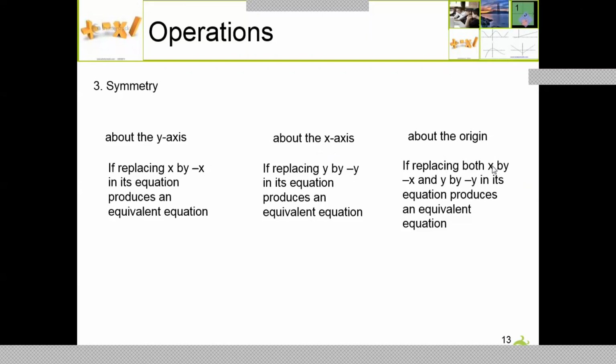We need to replace both x and y. Okay, x replaced with negative x and y replaced by negative y. And then if it produces an equivalent equation, we can say that the function is symmetric about the origin.